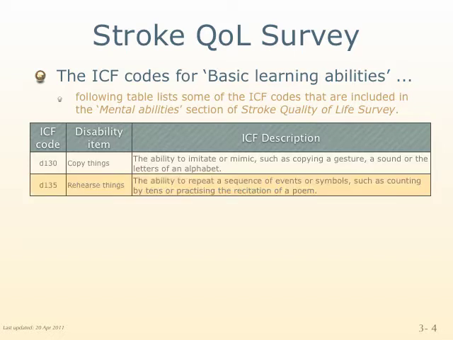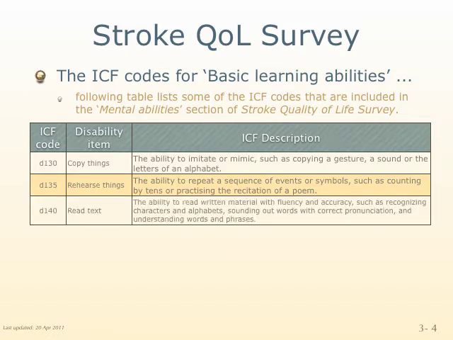There is the disability item called Rehearse Things, which corresponds with ICF code D135, or the ability to repeat a sequence of events or symbols, such as counting by 10 or practicing the recitation of a poem.